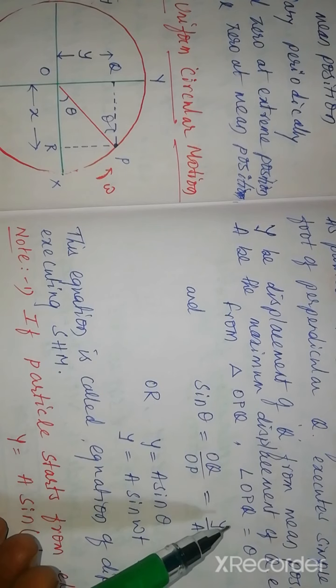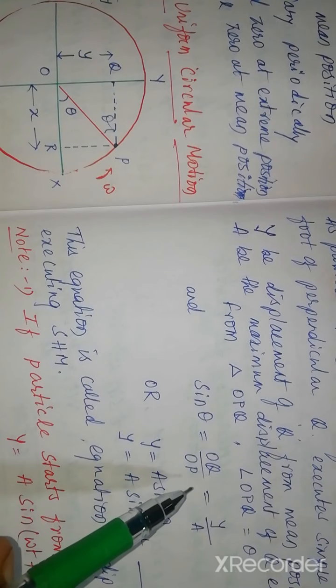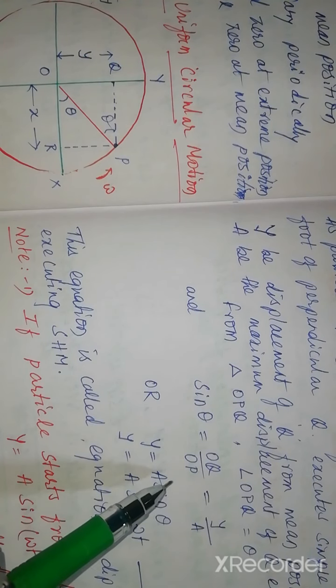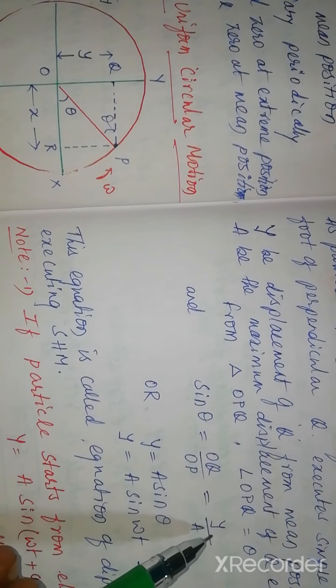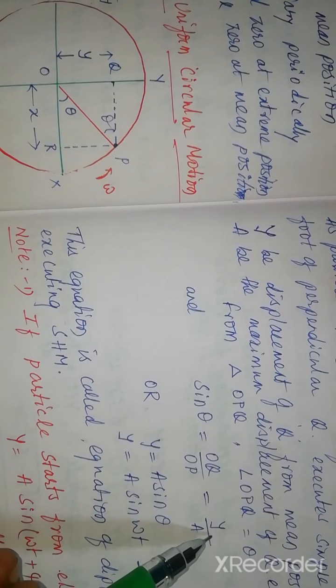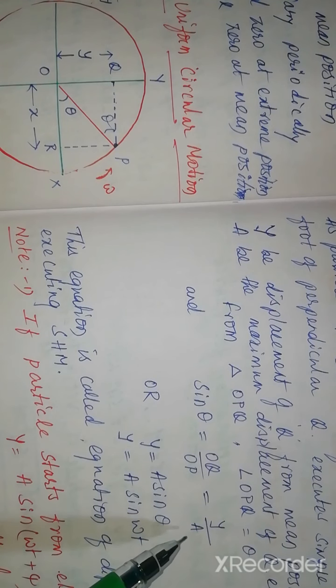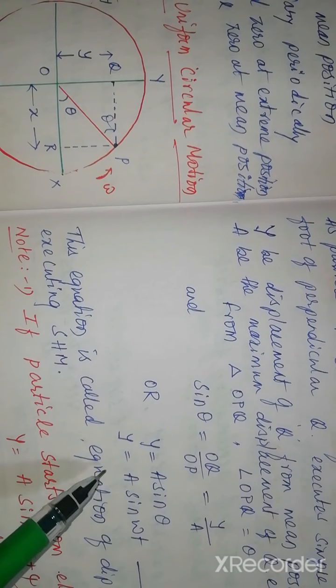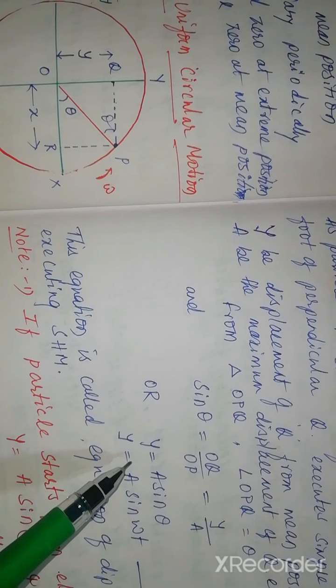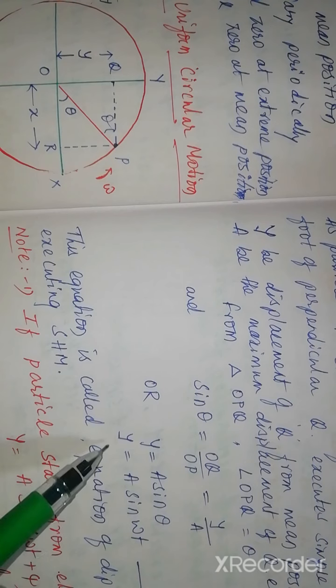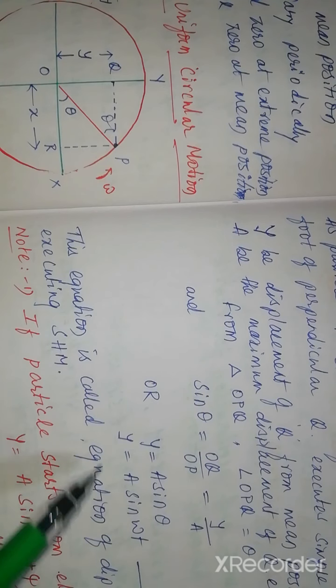we define sine theta as opposite side by hypotenuse. The opposite side OQ is the displacement of the particle from the mean position, y, and OP is the radius that equals A. Rewriting this equation, we get y equals A sine theta, or y equals A sine omega t.